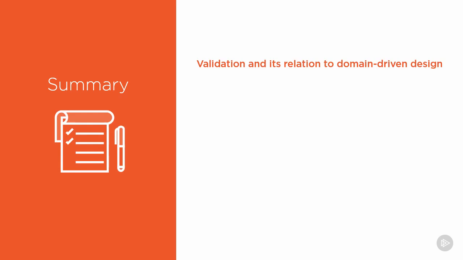This module has started part 2 of this course, in which we discuss validation in general and how it relates to domain-driven design. We talked about the always valid domain model. This is the guideline that advocates for domain classes, such as entities and value objects, to always remain in a valid state.